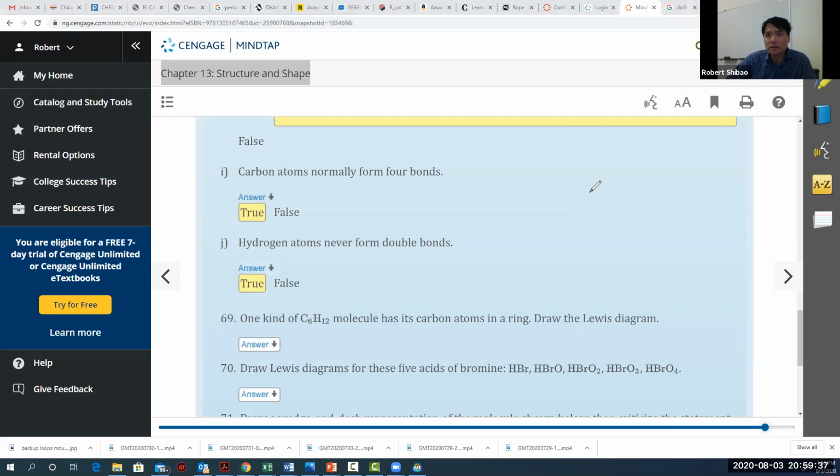6-membered ring like this. So C, C, C, C, C, C. Okay, so there's 6 carbon atoms, 2, 4, 6. And then carbon likes to form 4 bonds, so it looks like we have 2 hydrogens to each carbon.